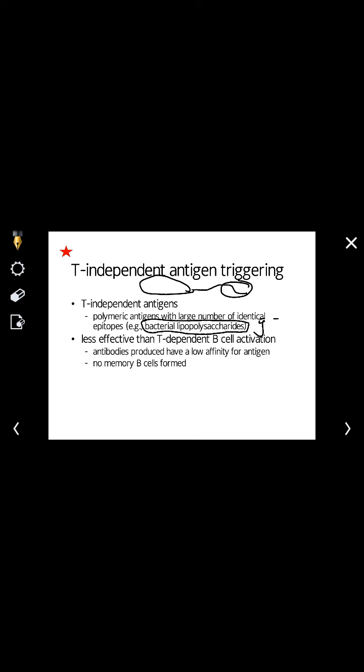Which makes sense because it's not as specific. It's not as amazing, and honestly, it's more random. So this means the antibodies produced have a low affinity for the antigen, and no memory B cells are formed. So T independent, no memory cells.